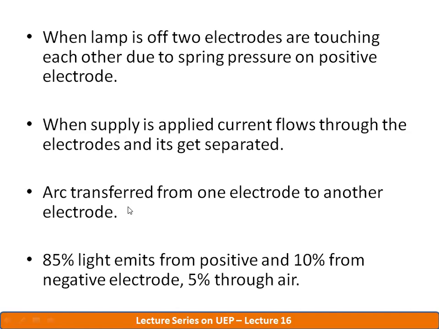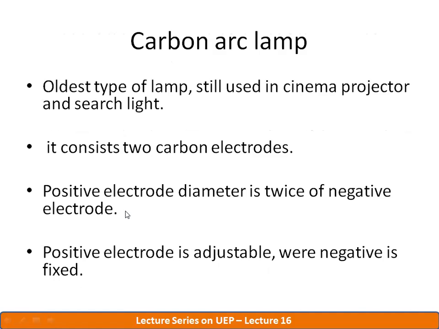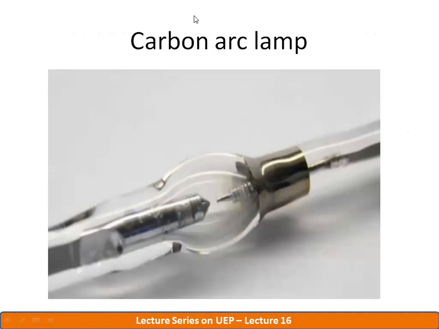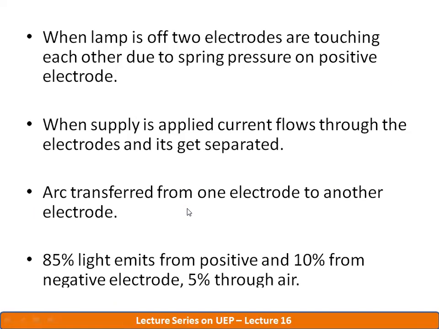An arc is transferred from one electrode to another, from positive to negative. 85% of the light is emitted from the positive electrode, 10% from the negative electrode, and 5% through the arc. Normally, it is used in cinema projectors as well as searchlights.